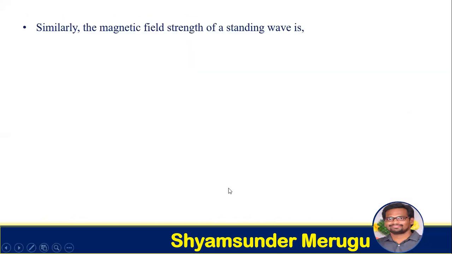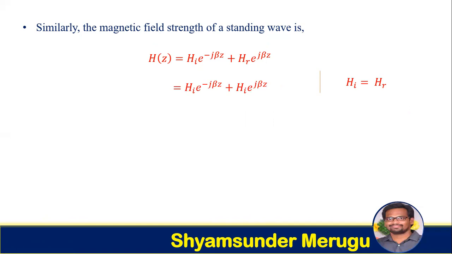Similarly, the magnetic field strength of a standing wave is given by H(z) equivalent to H_i e^(-jβz) plus H_r e^(jβz). As we know that H_i is equivalent to H_r, we get H_i e^(-jβz) plus H_i e^(jβz). Taking H_i as common, we get H_i of (e^(-jβz) + e^(jβz)).